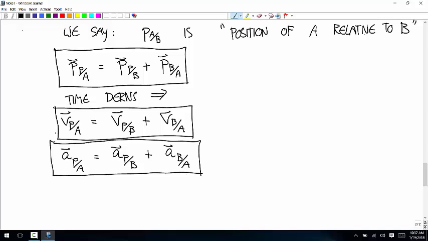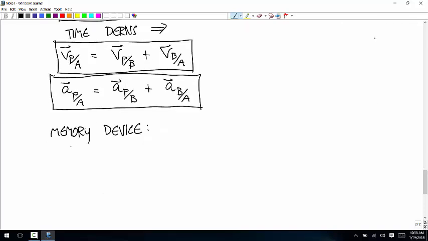Now you could just think through that vector addition every time to make sure that your subscripts are right. But as a time saver, you can use this memory device: your subscripts are correct if the equation works as fraction multiplication.